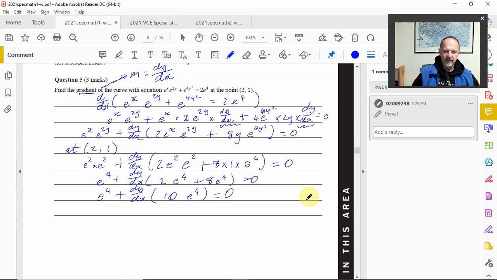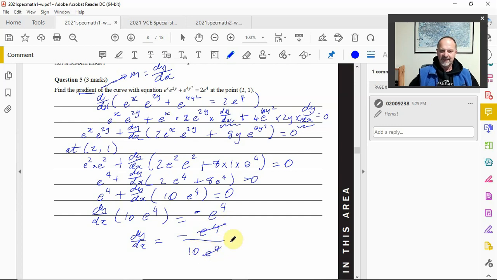I'm going to take e to the 4 from both sides, and so you've got dy/dx times 10e to the 4 equals negative e to the 4. Then we need to divide both sides by this bracket, 10e to the 4, so dy/dx is negative e to the 4 over 10e to the 4.